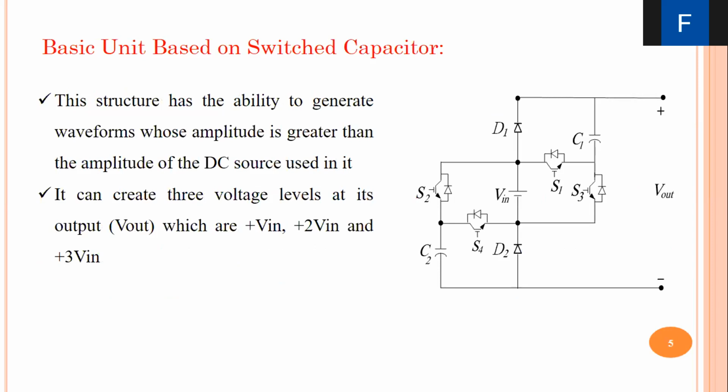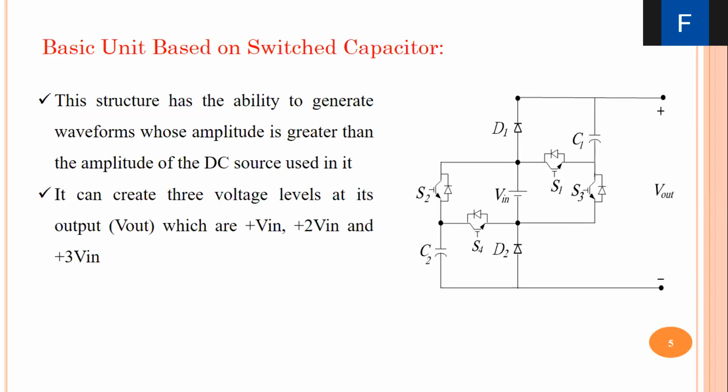In this slide, the basic unit based on switch capacitors is shown. This structure is able to generate waveforms whose amplitude is greater than Vin, and it's because of using the capacitors. As we've seen, we use two capacitors to generate more levels in our output.